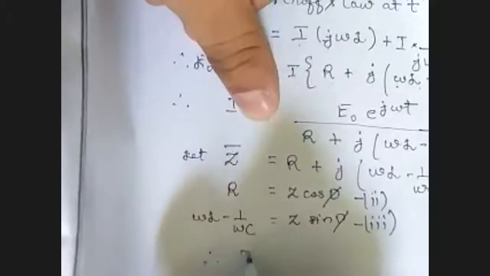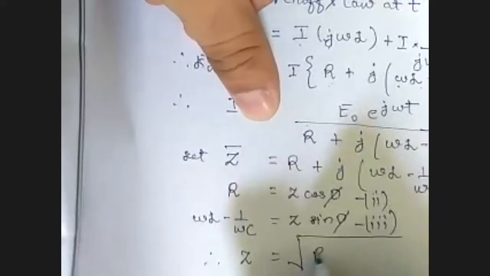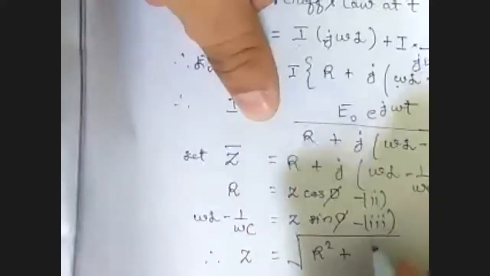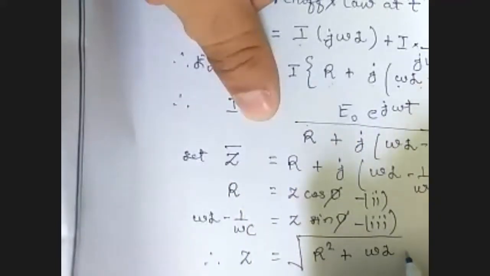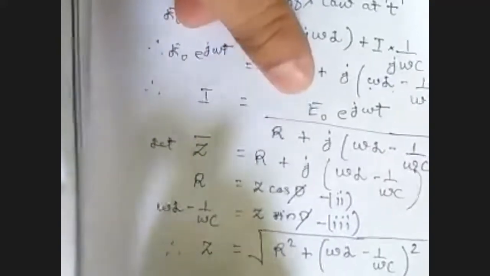Therefore, when we square and add, we'll get the value of Z as under root of R square plus omega L minus 1 upon omega C whole square, that is XL minus XC whole square. Omega L is XL and 1 upon omega C is XC.